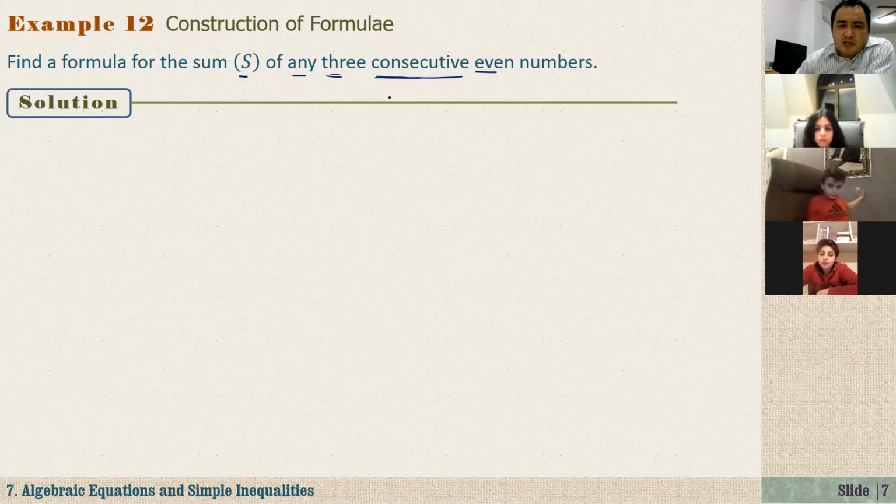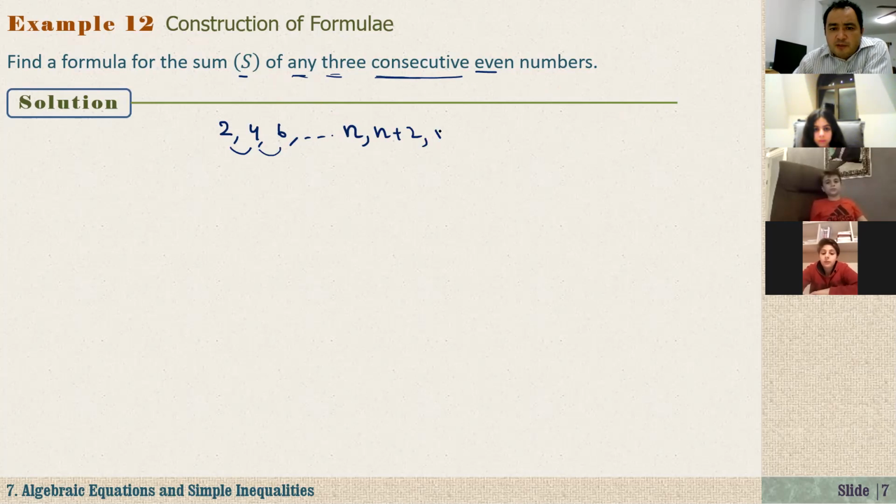So here we are talking about these numbers, 2, 4, 6, and so on. But it says the sum of any three consecutive even numbers. What are these numbers? I don't know. But if I assume that the first one is n, the next one will be n plus 2, because here the difference is 2, right? And the next one will be n plus 4.